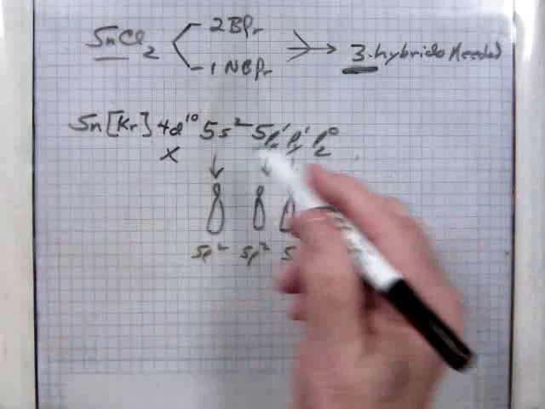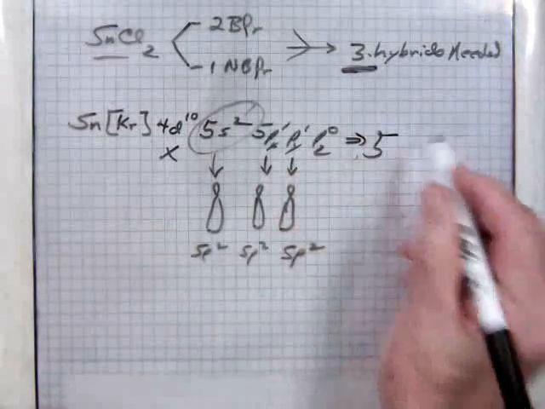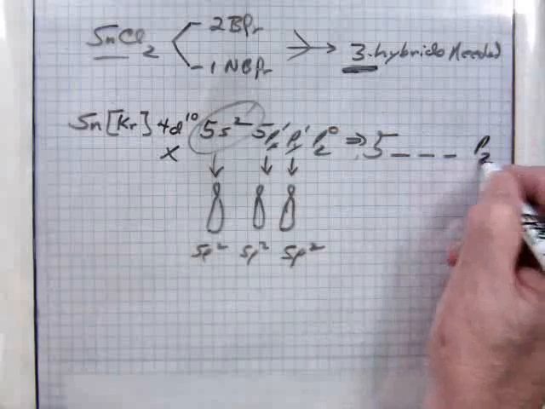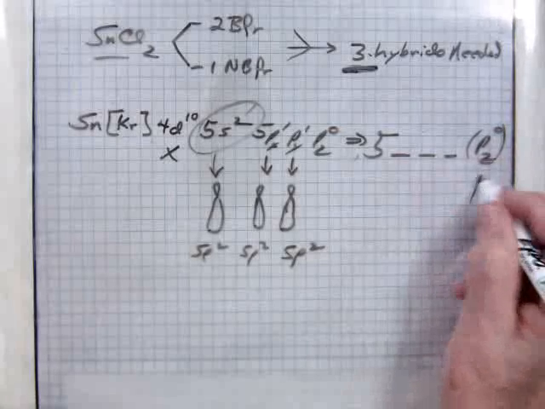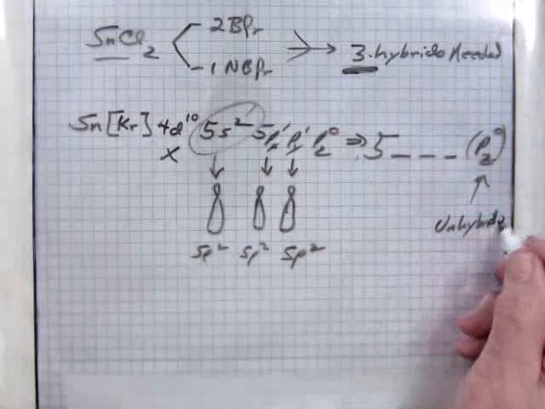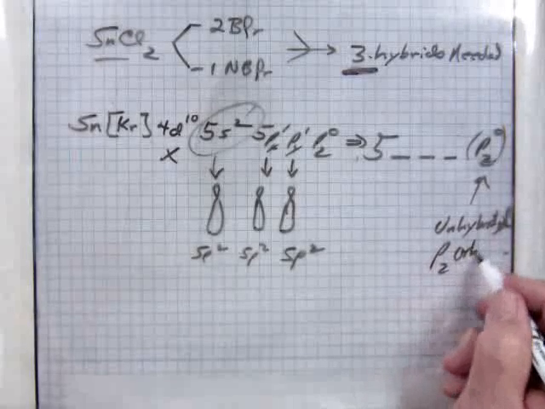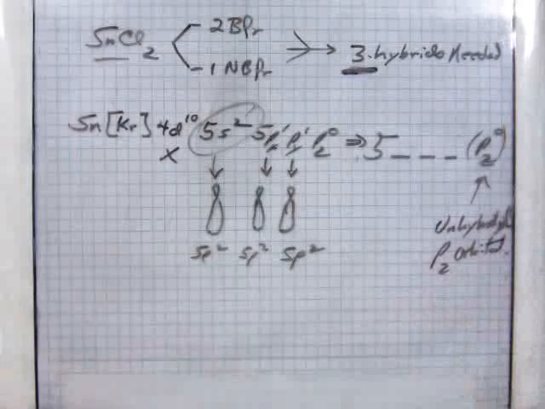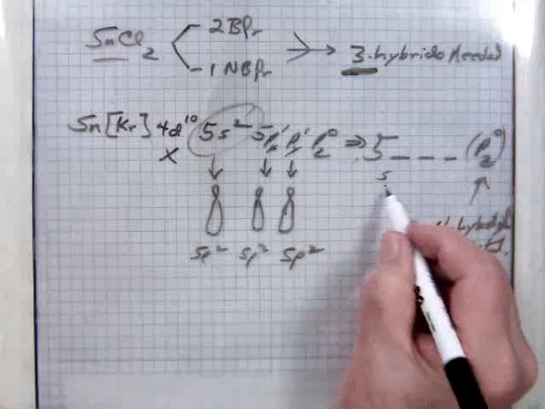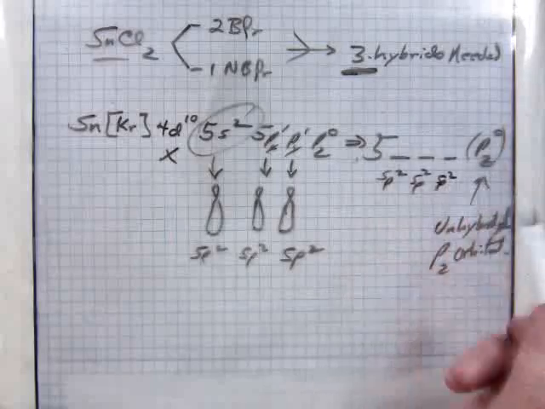However, when we make this in the 5th energy level, 1, 2, 3, you have an unhybridized pz over here. That says unhybridized pz orbital. You didn't need it. So that's an sp2, sp2, and sp2.